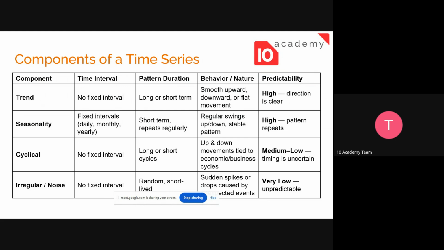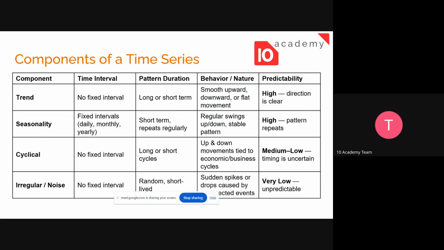So it's cyclical, not a definitive fixed interval. We don't know when it starts. It's tied to an event or a trigger, so the predictability is medium or low. We don't have a fixed time interval.